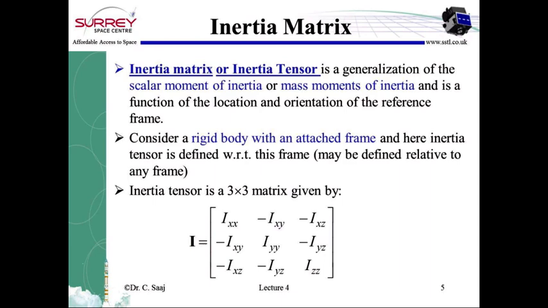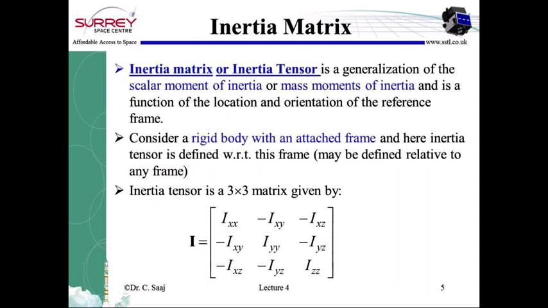To understand that, let's consider a non-zero vector x which contains only real terms. If x transpose I x, that is x transpose times the inertia matrix times the vector x, is always greater than or equal to 0, then we say that the inertia matrix I is a positive semi-definite matrix.